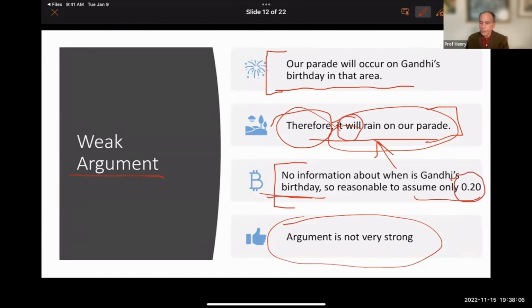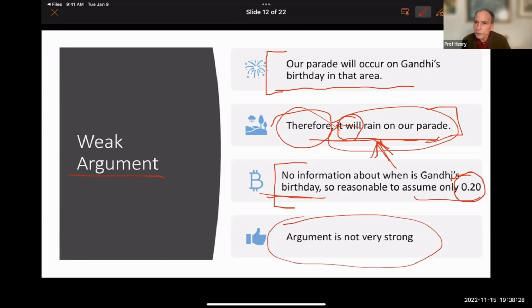We could only say the conditional probability is 20%. So we will not accept this. We will say this argument is weak based on the information we know.